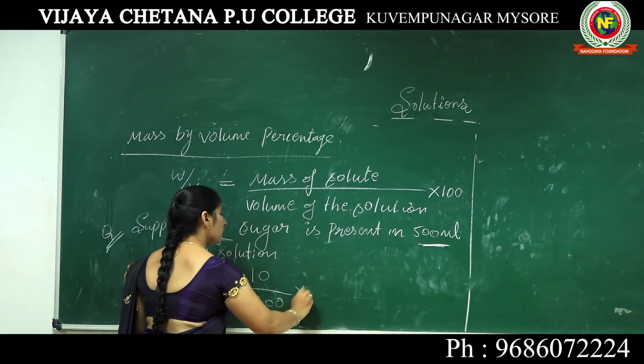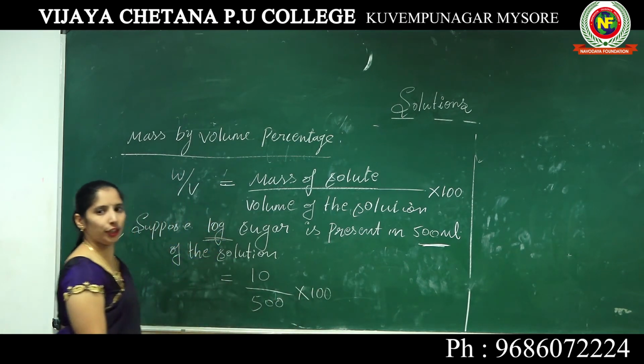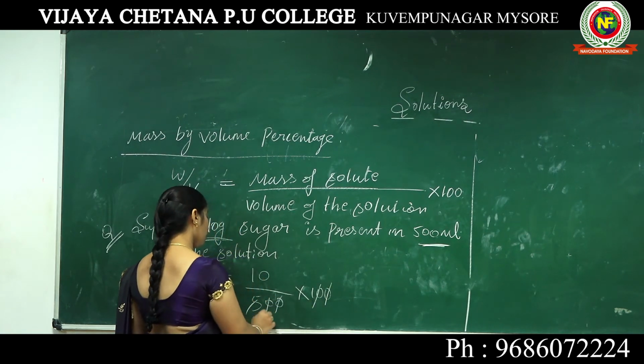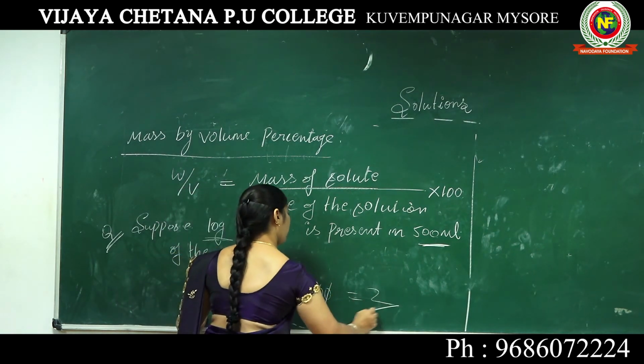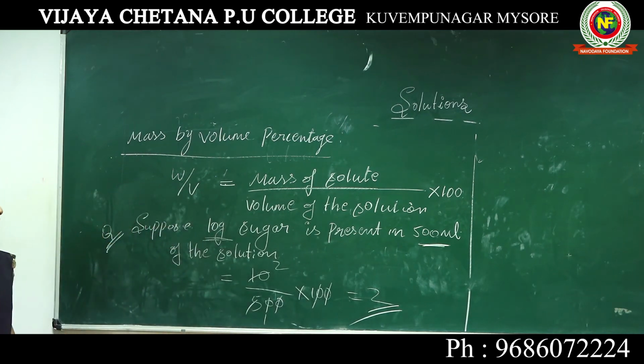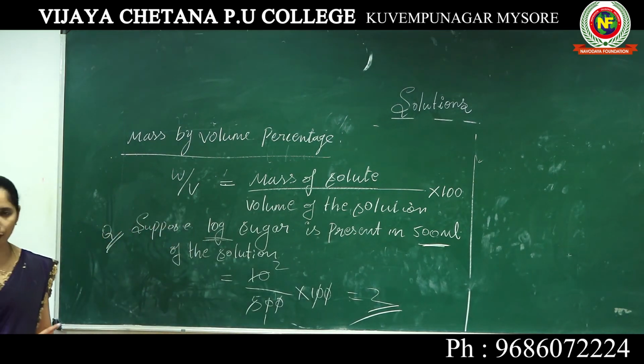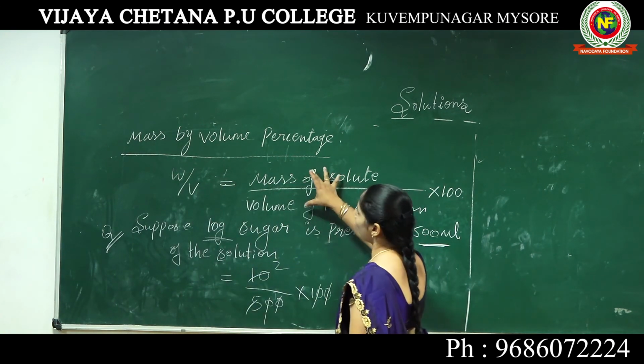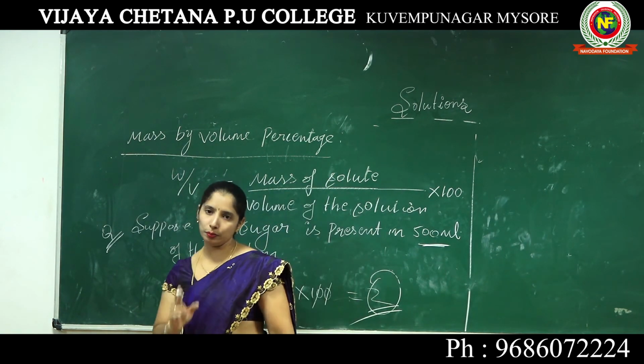So we have to find the percentage: 10 by 500 into 100. Cancel it: 5 ones are 5, 5 twos are 10, so we get 2. What about the percentage? 2 percent.